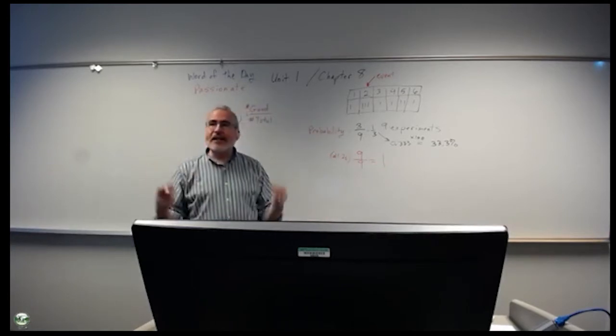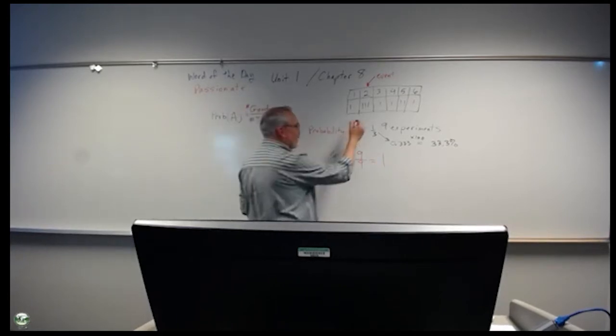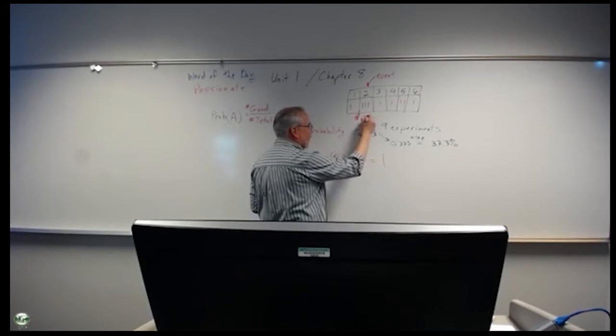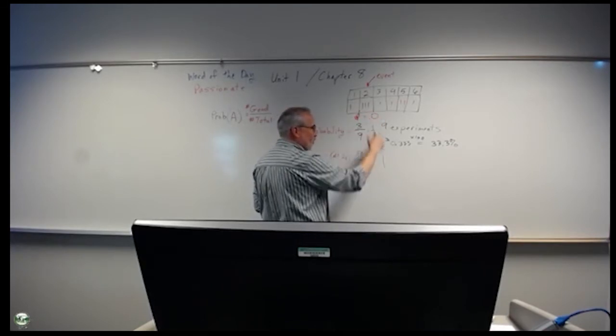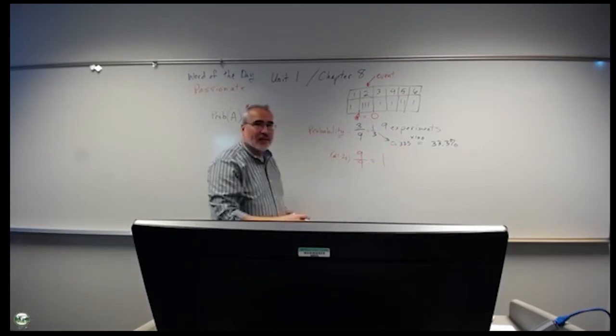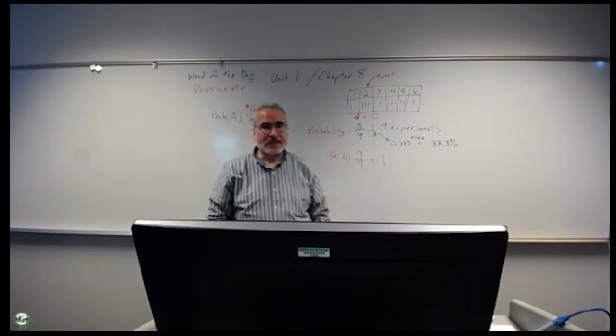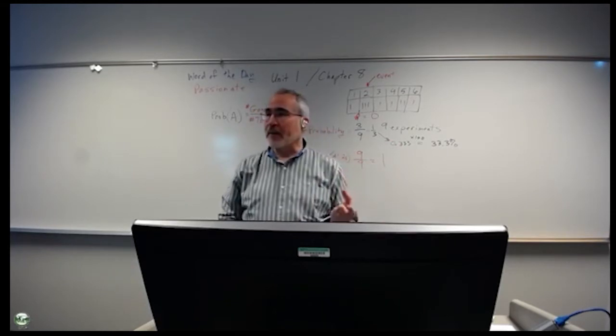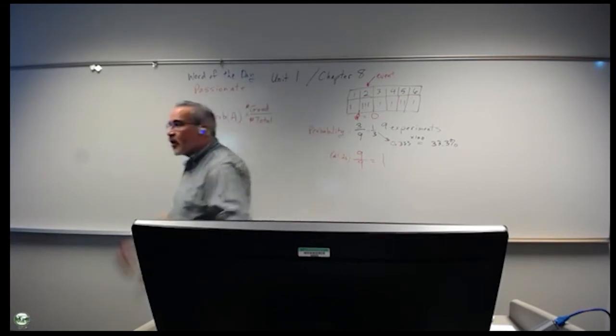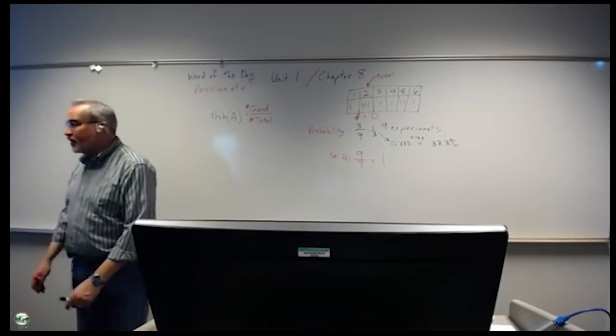If I didn't roll any twos, 0 out of 9, what does that give me? 0. Good. So from 0 to 1 is all the possibilities that could have happened. So for all your probabilities, if I say I've got a 200% chance of happening, what am I doing?